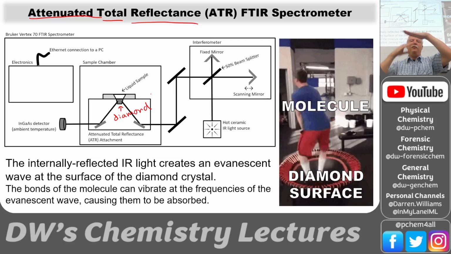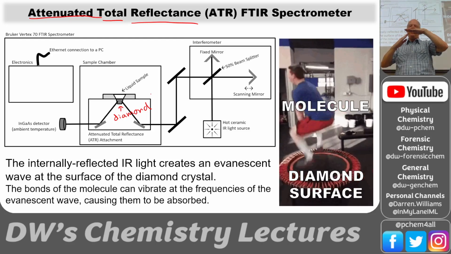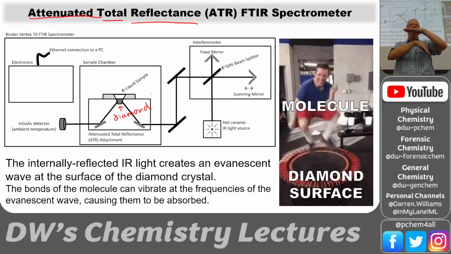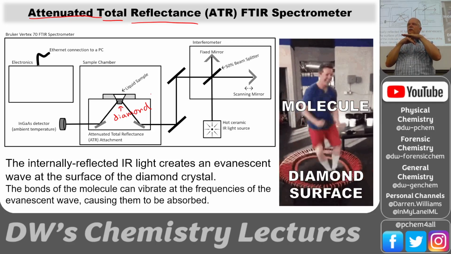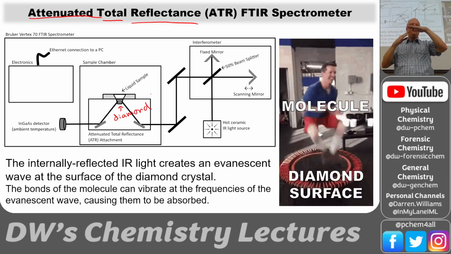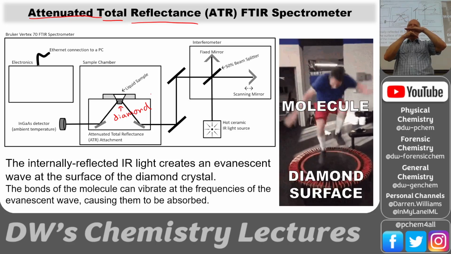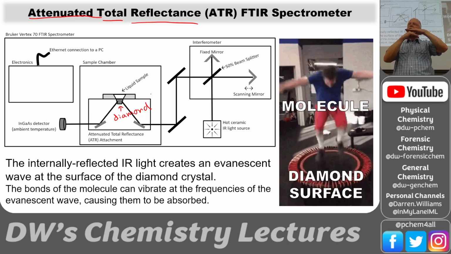And it's totally reflected at the undersurface of that diamond. So it goes into the diamond and it bounces and it's totally reflected. So that's what the total reflectance part is. So we've got the right angle for this light hitting this diamond underneath, and it bounces off. And so we get 100% of the light reflected on the underside of that diamond.